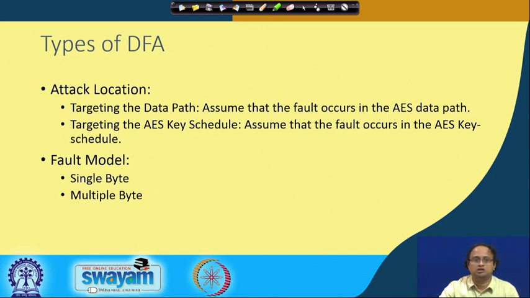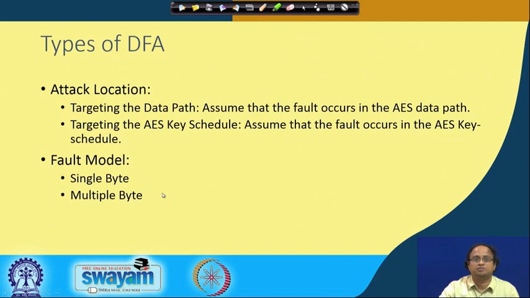We know that the AES state matrix can be conceptualized as 16 bytes. I am assuming that a fault occurs in one of the bytes, and it can take pretty much any random value. In another case, I will assume later that the fault spreads across multiple bytes, which we will call the multiple byte fault model. In passing, I would like to mention that there can be other kinds of fault models.